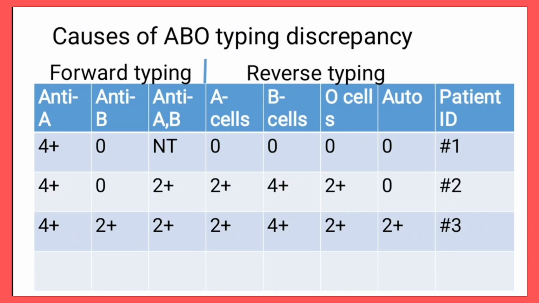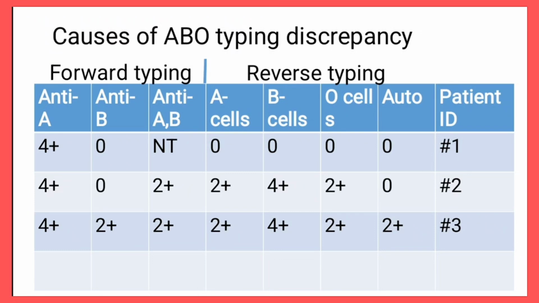Now, the reverse grouping uses known A cells, known B cells, known O cells, and of course the patient's own cells to test what is in the patient's plasma, because that is where the antibody will be. So in the reverse group, we are using cells to test against the patient plasma, where the antibody is supposed to be. The forward group had already shown us that this patient is blood group A, but the reverse group is saying otherwise.